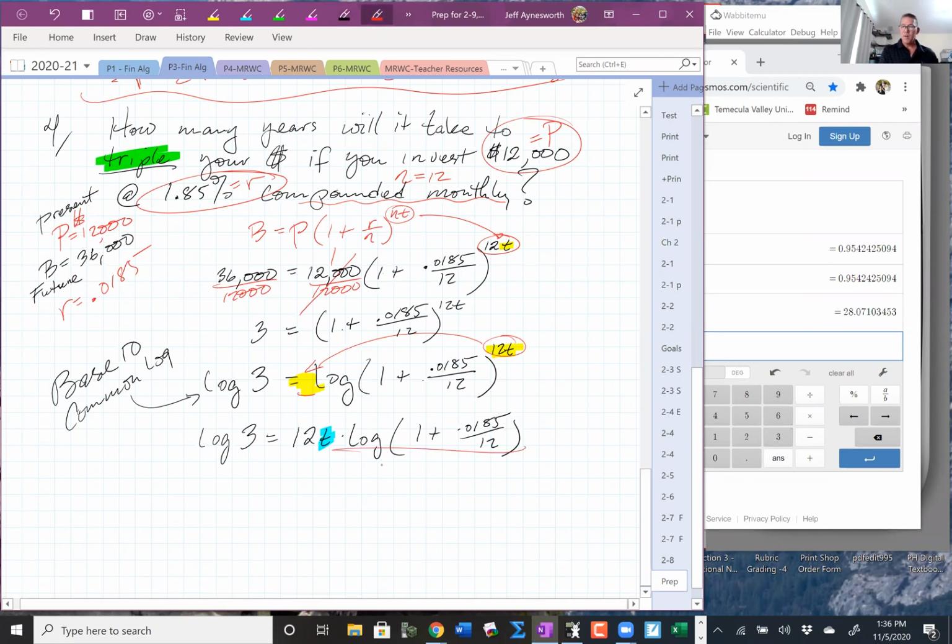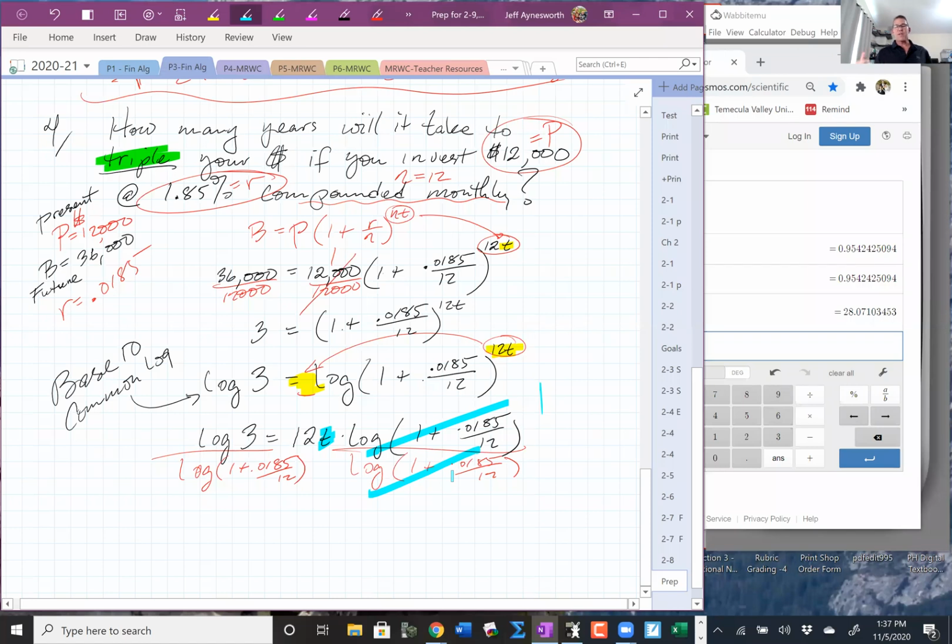So I would do that, but a little bit more. So let's pause right here before we go any further. That is something we definitely need to do, Christian. But that would cancel out the logs there, but I'd end up with 12t on the right, not t.